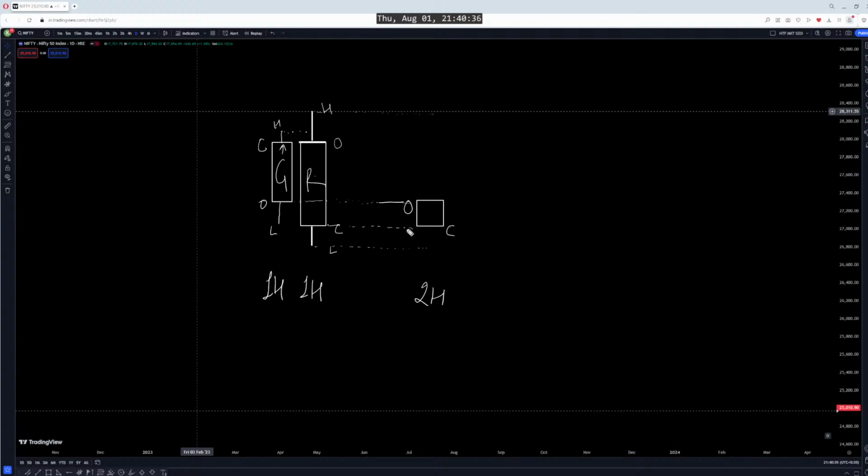Now when I draw this up and draw this down, what you get to see is a rejection candle. And I love rejection candles. When there's a rejection, that means price tried to go up, could not sustain that and came down.